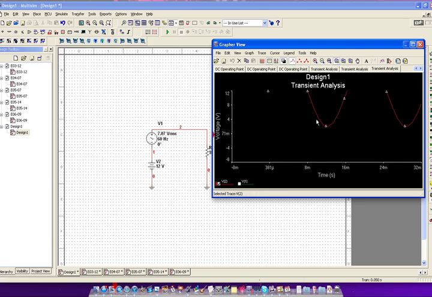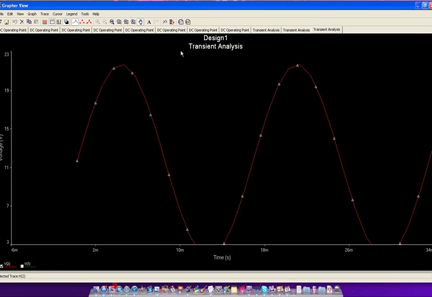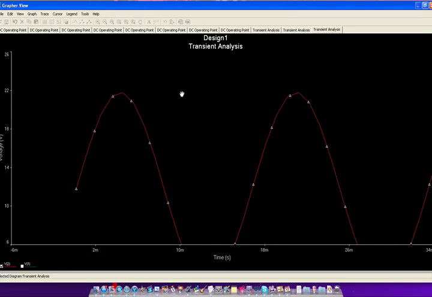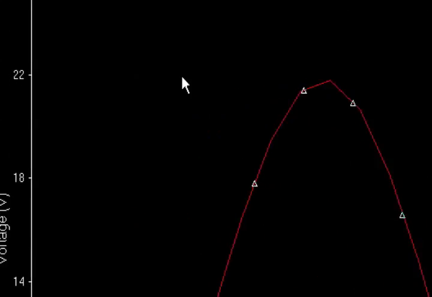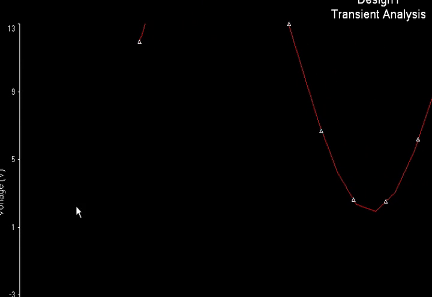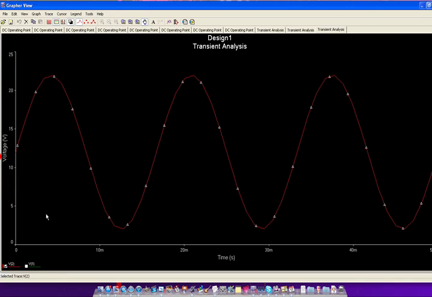Let's zoom. We can see that the maximum point here is 22 and the minimum is almost at 2. Yeah, it's almost at 2, and here the maximum is almost 22. So we got the answer, same as the book.